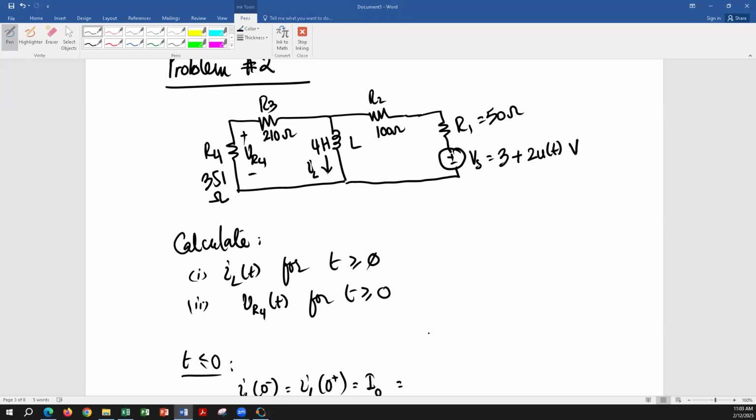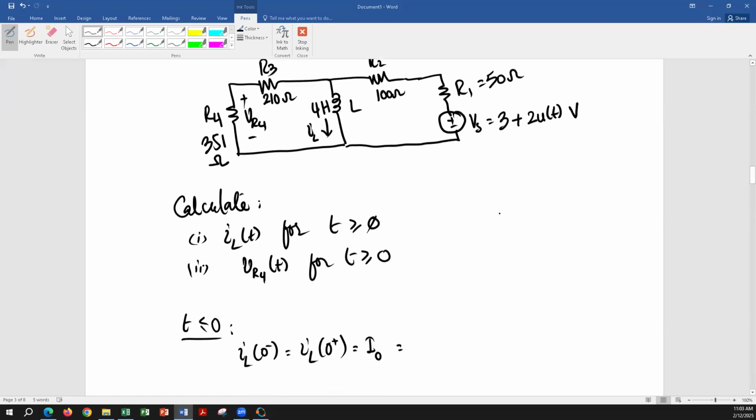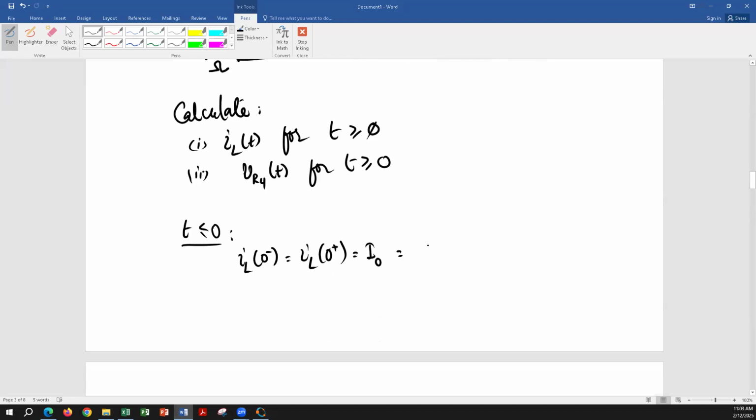Vs over R1 plus R2, very good. So you simply use Ohm's law. Since all the current is going through the inductor, then it's a single loop circuit. We use Ohm's law to calculate Vs over R1 plus R2.